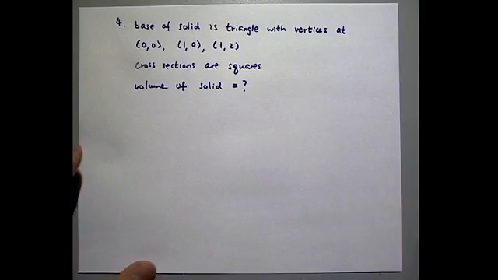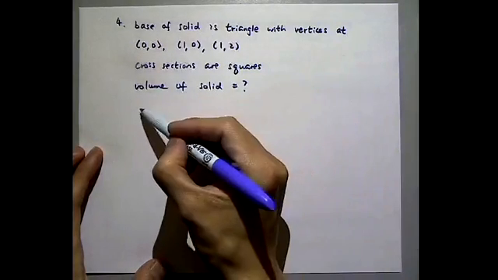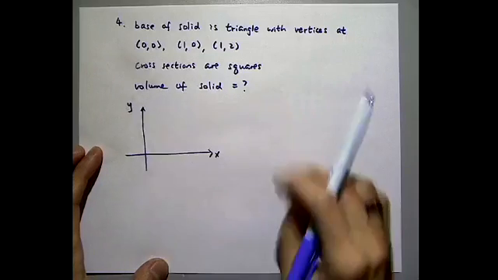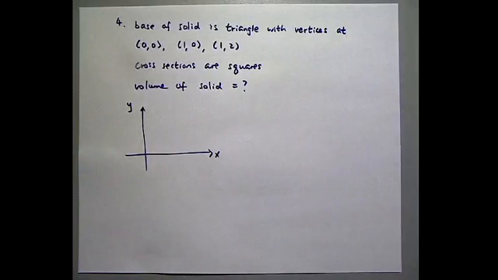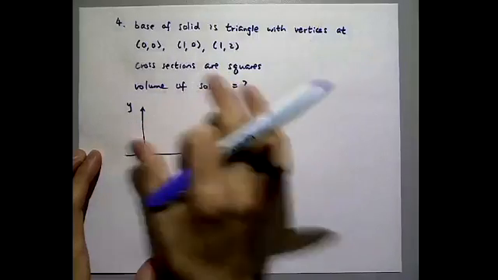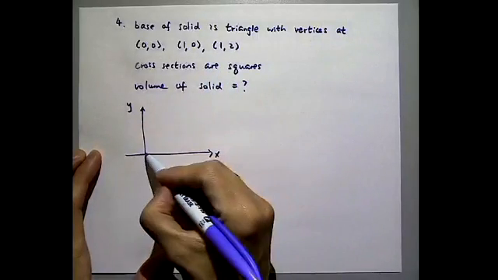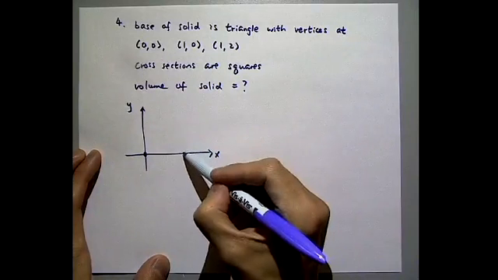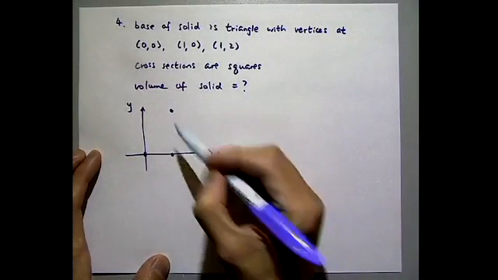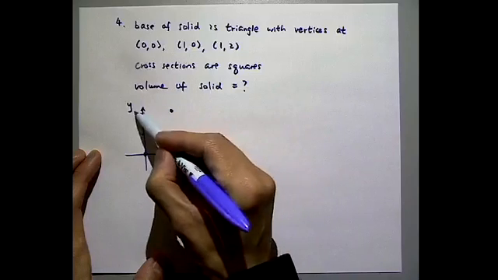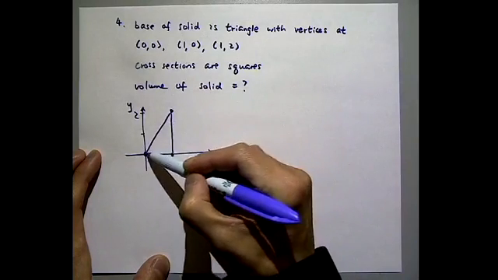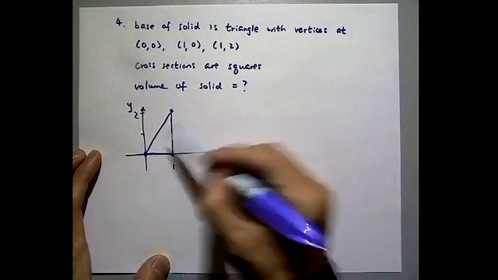All right? If I look down from the top of this object, then I see a triangle at the base. Vertices (0, 0), (1, 0), and (1, 2). So that's the base, right?